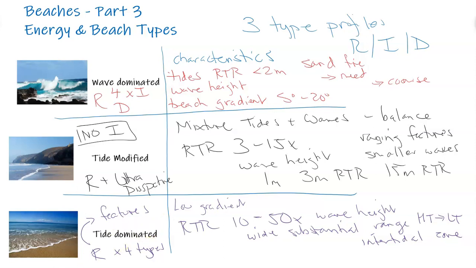So with this tide-dominated beach, you'll get a lot of sand flats. Okay, you'll get a lot of tidal flats, especially with a large tidal range. You will get ridges. And again, with the lack of wave height and wave energy, the tides are going to produce obviously deltas near inlets and also sand ridges.